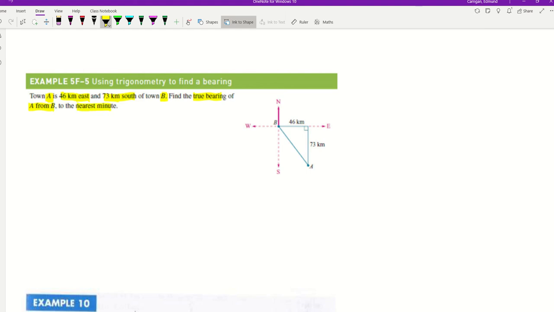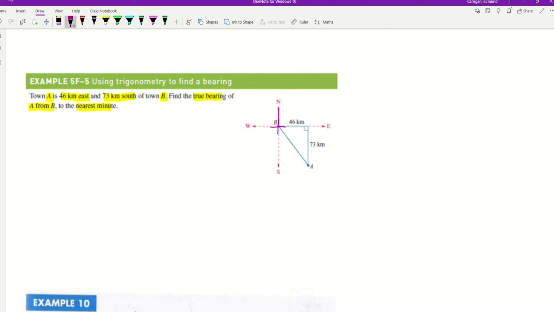So they're all the things that we need to have a look at. Again, they've done a diagram for us. Let's go and decipher it. What we're after in the first instance is to make sure we understand what we're doing. We need the true bearing of A from B. So they've put our axis on B, which is all very good.